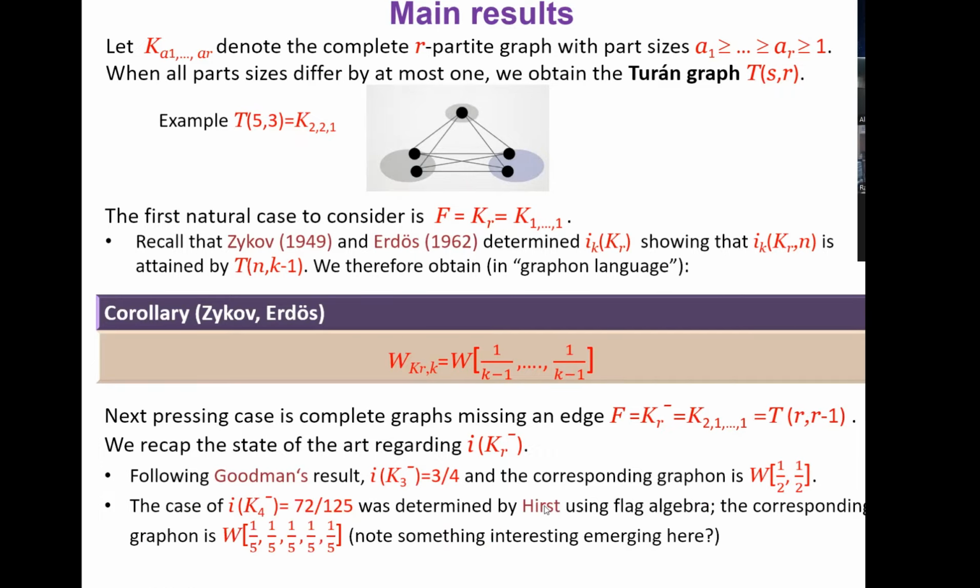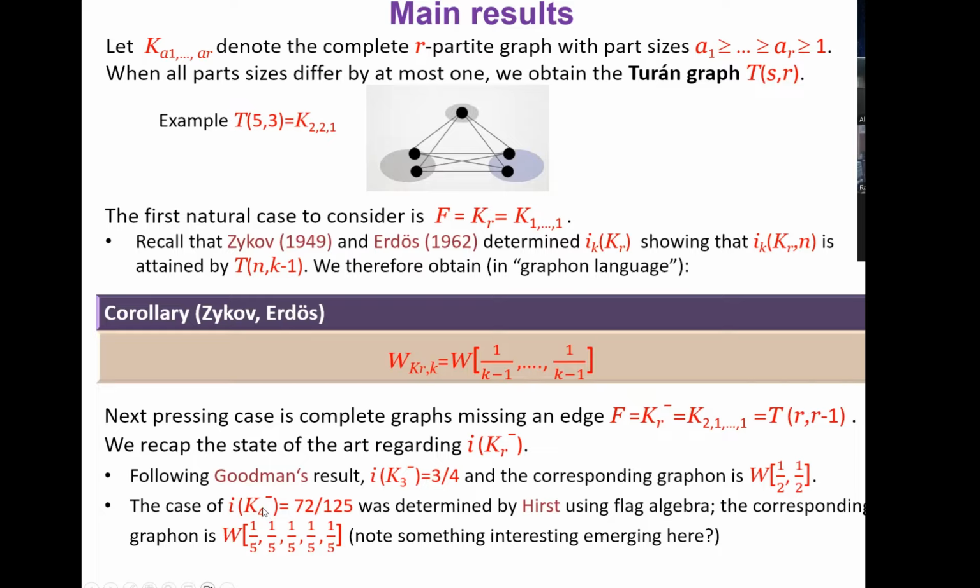But let's go back to the result of Hirst. Remember, I said that it uses flag algebras, who determined K4 minus, and it's actually his extremal construction stated in graphon language that the optimal construction is the graphon with 5 parts, also equipartite, all of them the same size.